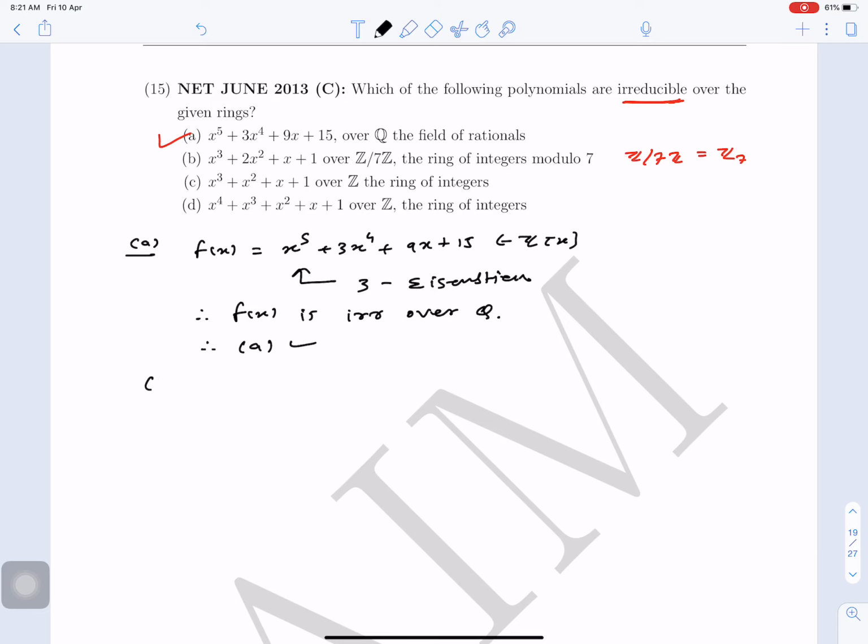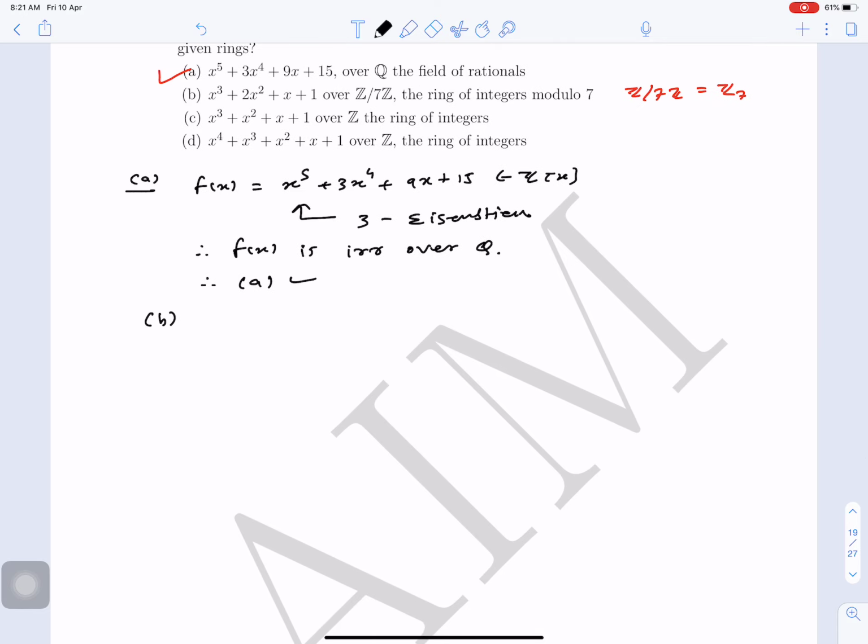Now for option B, sorry, the polynomial is different.